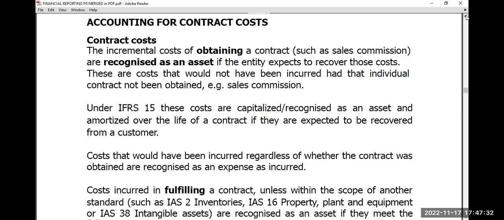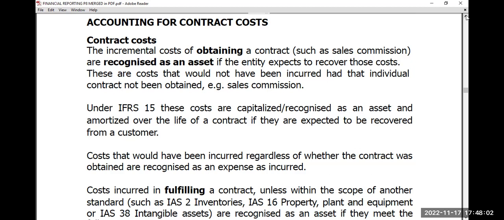It means these costs are directly attributable to the contract. They are called incremental because they are incurred in addition to acquire. If we had not incurred them, we wouldn't acquire the contract.